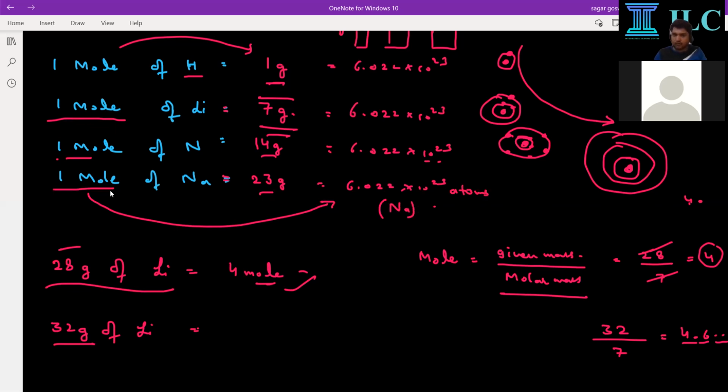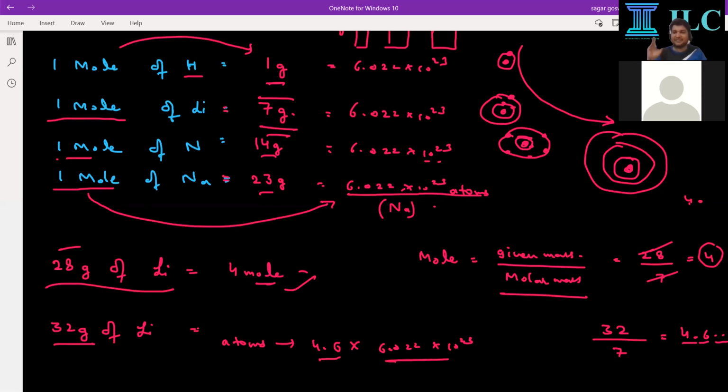So obviously, if it is 4.6 moles, then it is 4.6 into 6.02 into 10 to the power 23. Because if 1 mole contains that many atoms, then 4.6 moles contain 4.6 times that.